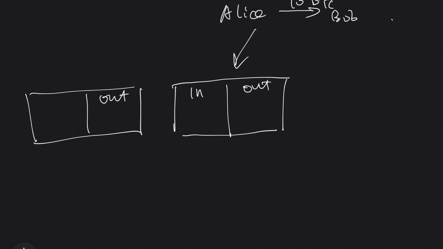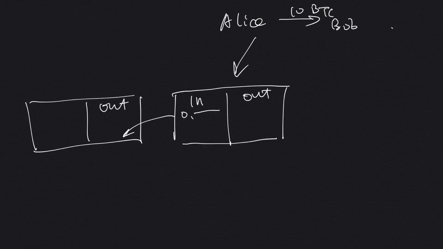So let's say this is the index 0 input, which references one of the outputs, let's say the index 1 output from a previous transaction, and it only has like 5 Bitcoin.